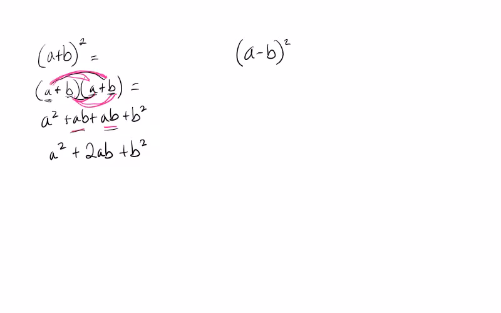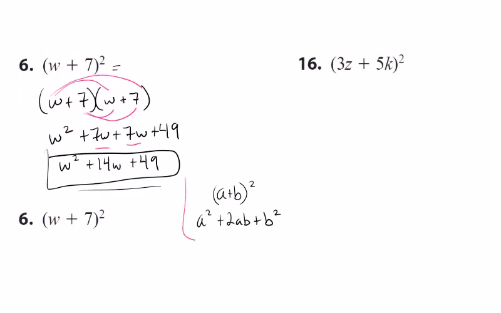So remember that with our shortcut, we start out doing this a long way, but whenever we square a binomial, we're always going to end up with this situation, okay, where we get the first term squared, double the product of a and b, the first and the second term, and then the last term squared, okay? So that's our shortcut. So I wrote that over here, right? So in this case, a is w, right?